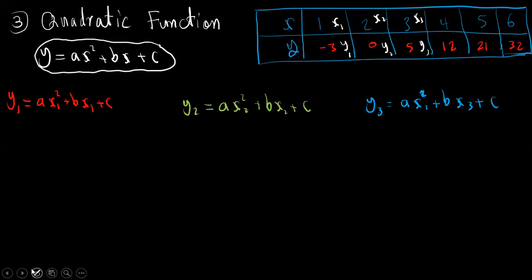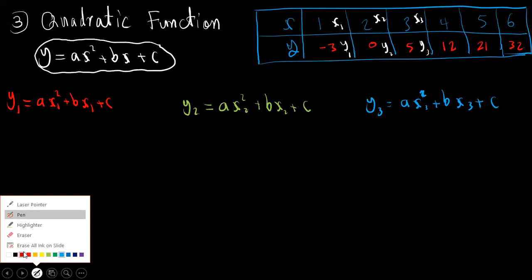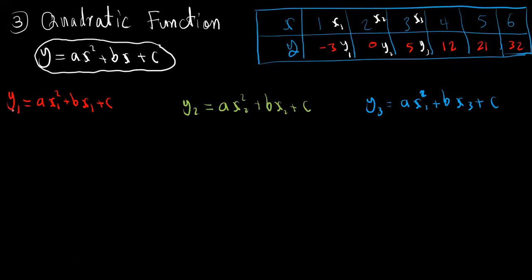Okay, now I will substitute for the first equation. What is y1? y1 is -3. What is x1? x1 is 1, so 1 power 2 is 1, so we have a, plus 1 multiplied by b is b, plus c.